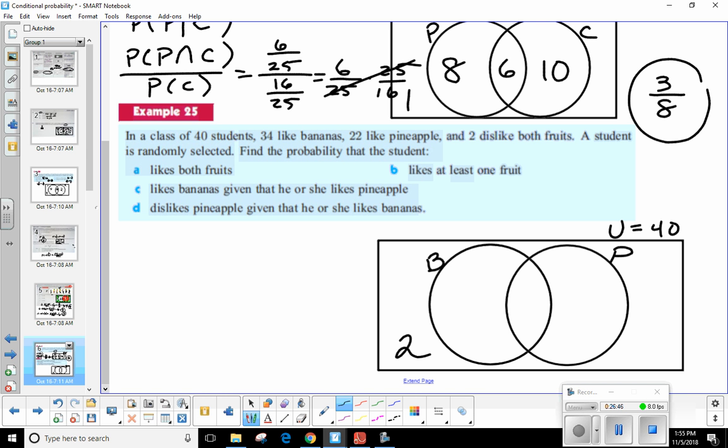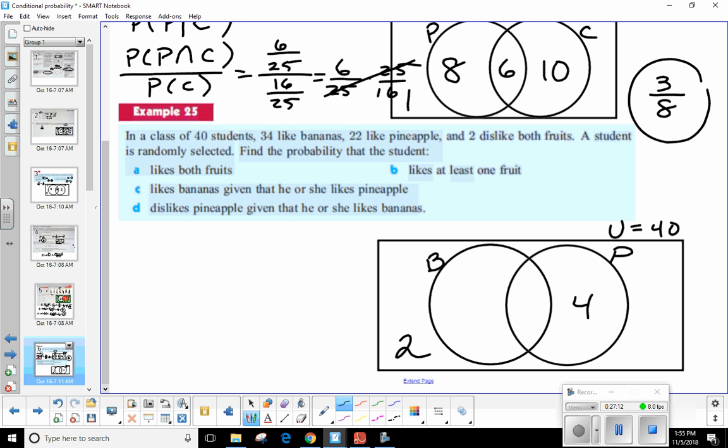There you go. Now, Spencer's way would have been perfect as well, but if I know that this whole circle here for bananas has to add up to the 34, but that everything adds up to 38, the difference of the two, there should only be 4 people who like pineapple. Kiana, does that make sense? Yes, that's so easy. That's not what I did, but. Oh, hey, but did you get it? Yes. Okay, there you go.